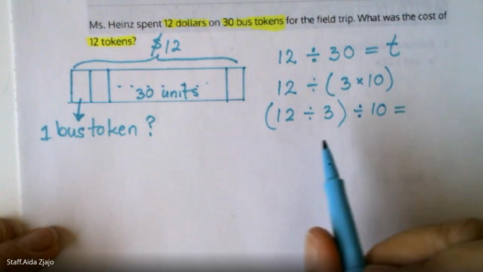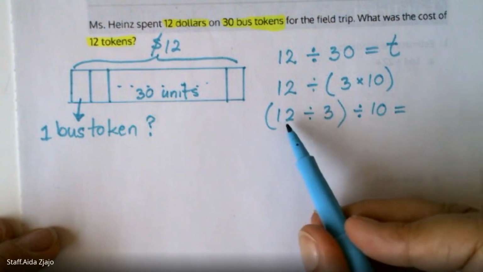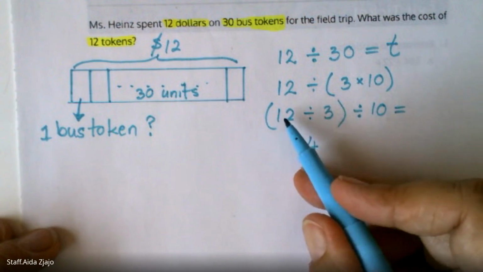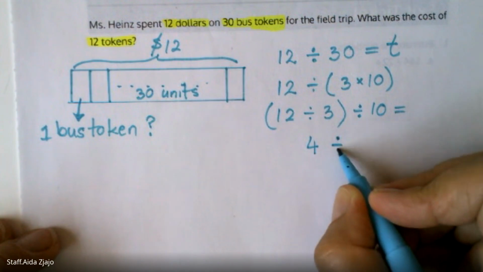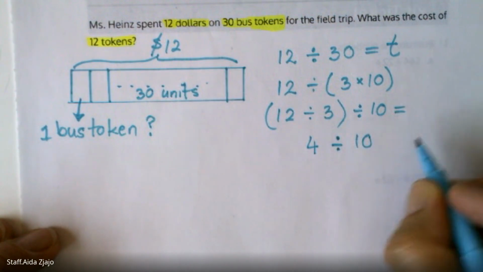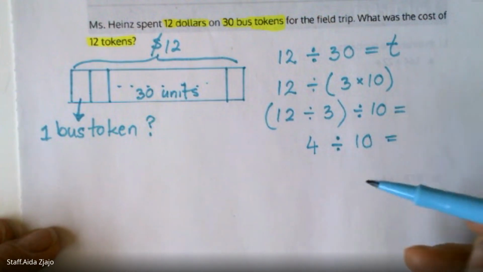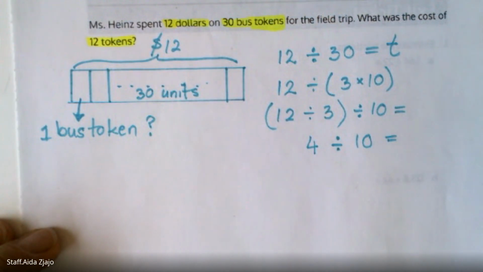Right now, 12 divided by 3, how many groups of 3 are in 12? There are 4, because 4 times 3 is 12. But then I need to divide that 4 by 10. So 4 will get 10 times smaller. Remember the place value: when we have 1, 10 times smaller is 1/10.